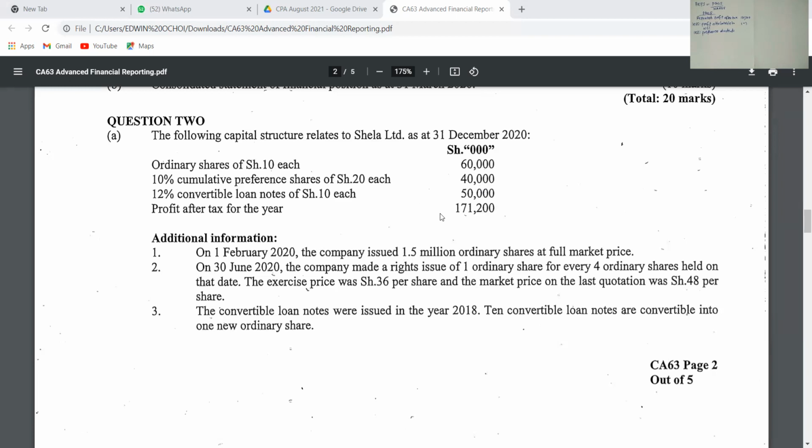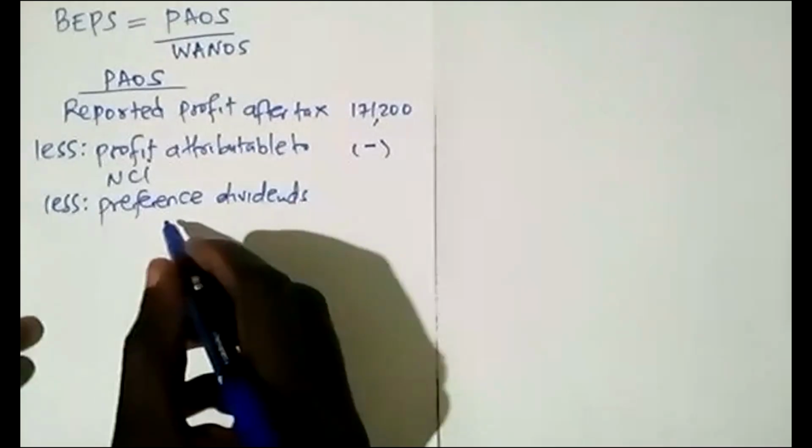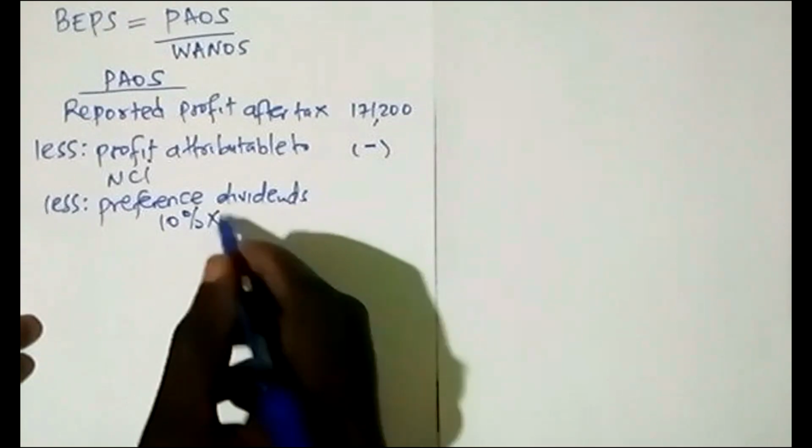So this entity was paying preference dividends at a contractual rate of 10%. You take 10% and multiply with the 40,000. That is how I would arrive at the preference dividends: 10% of 40,000.